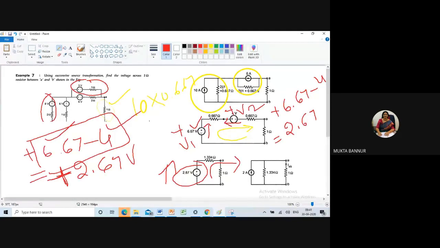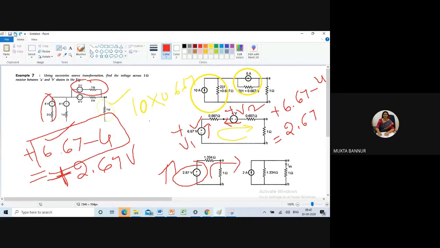After replacing them by an equivalent, suppose you get this much positive and this much negative. So the result is positive, so you need to put the resultant source acting in the positive direction. Is this point clear?